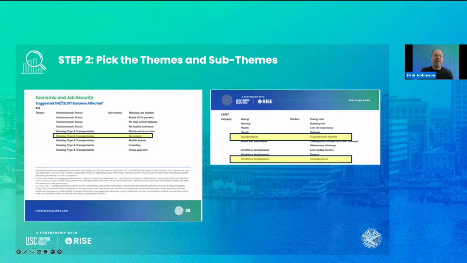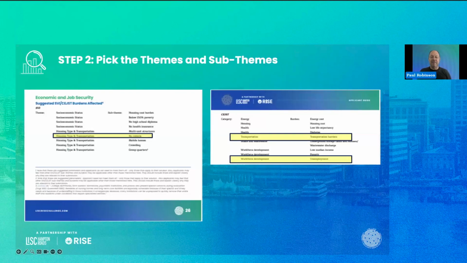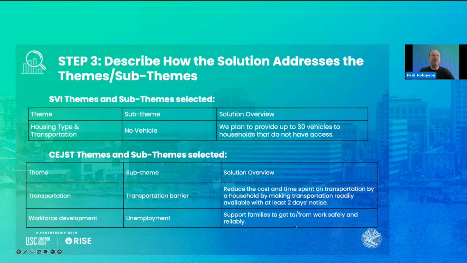So we'll come back to our burdens that we identified here in the yellow. You now know how to put them into the online submission. They'll look like this when we access them, where we'll have the theme and the sub-theme, as well as a brief description.